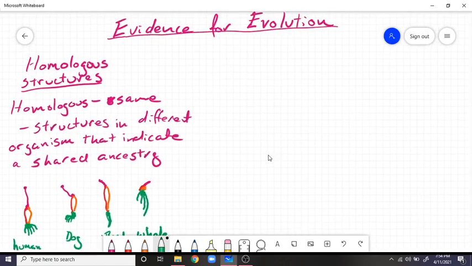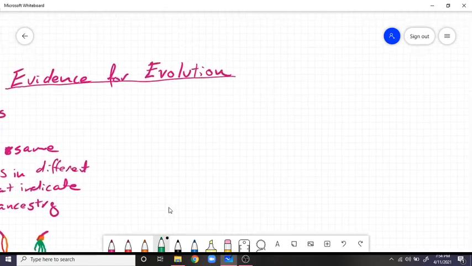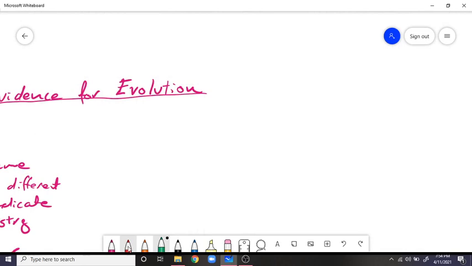The only way that that could have happened is if at some point along the way they all had an ancestor in common. Homologous structures are features that are actively used by organisms, but sometimes organisms have features that are remnants of a time, and they don't use them anymore.